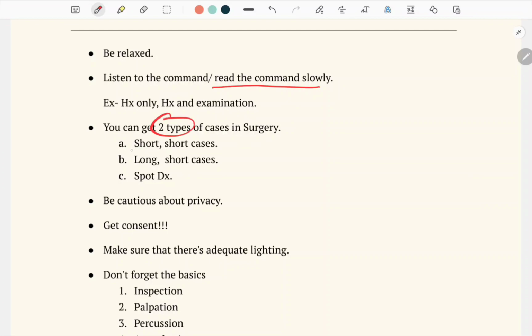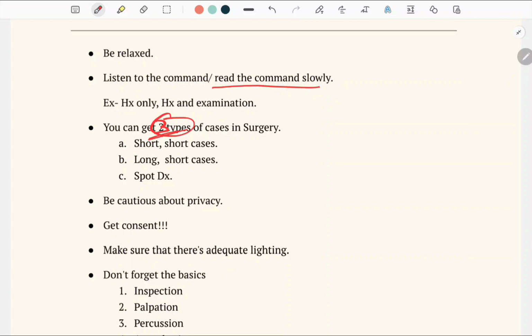So in surgery short cases there can be three types of cases. The first one could be short cases, and some are long short cases, and some are spot diagnosis. Short cases are mainly the lumps, lipoma, those kind of things.